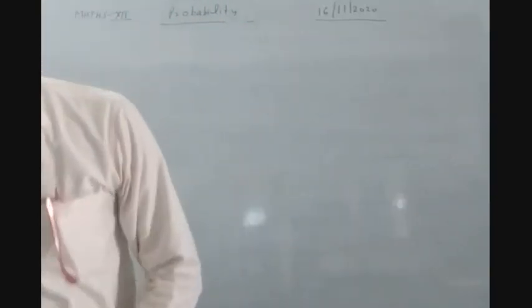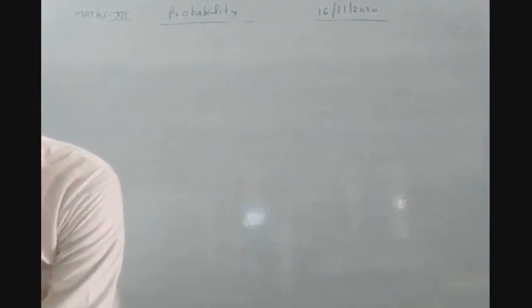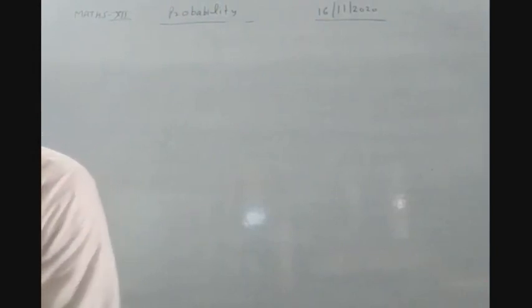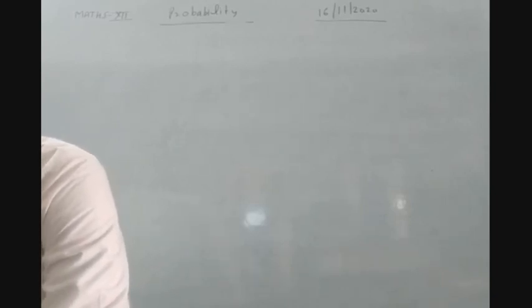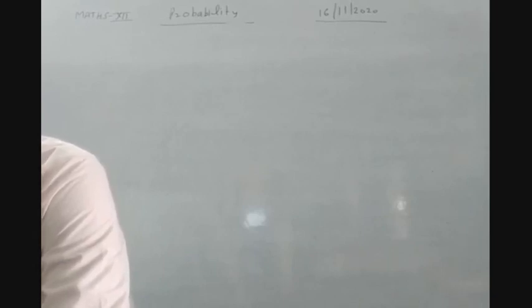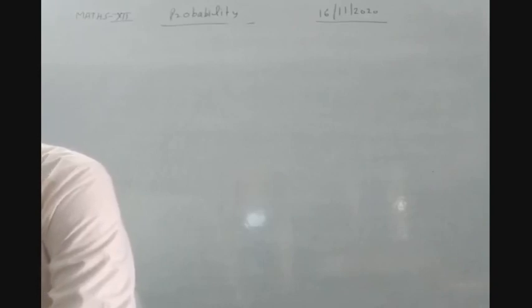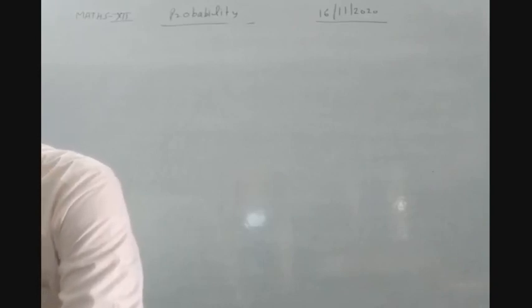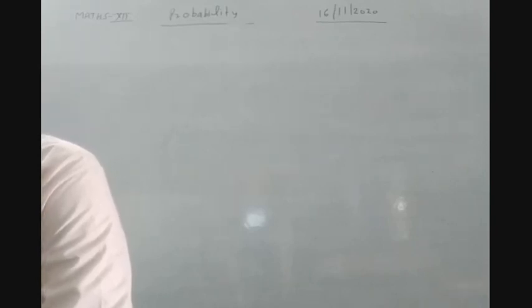Our next question is, a manufacturer has 3 machine operators A, B and C. The first operator A produces 1% defective items, whereas the other 2 operators B and C produce 5% and 7% defective items respectively.